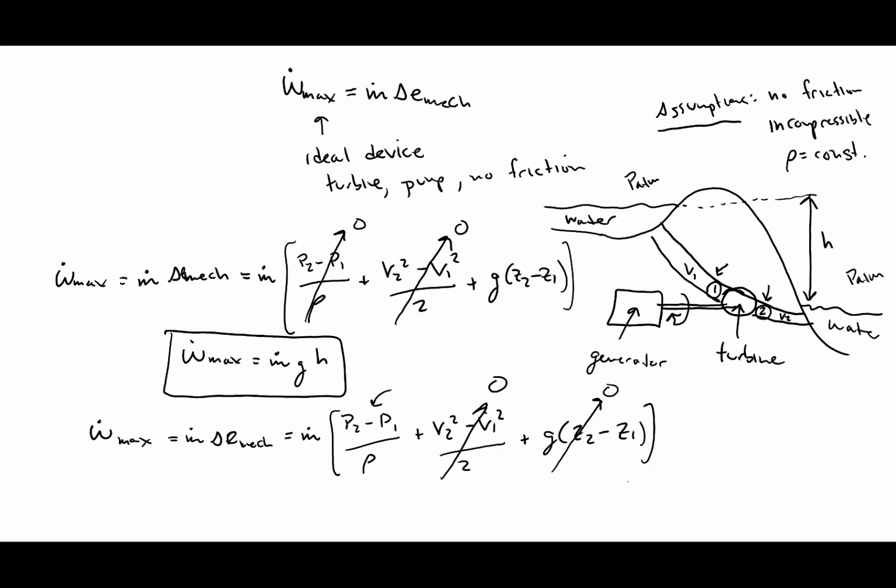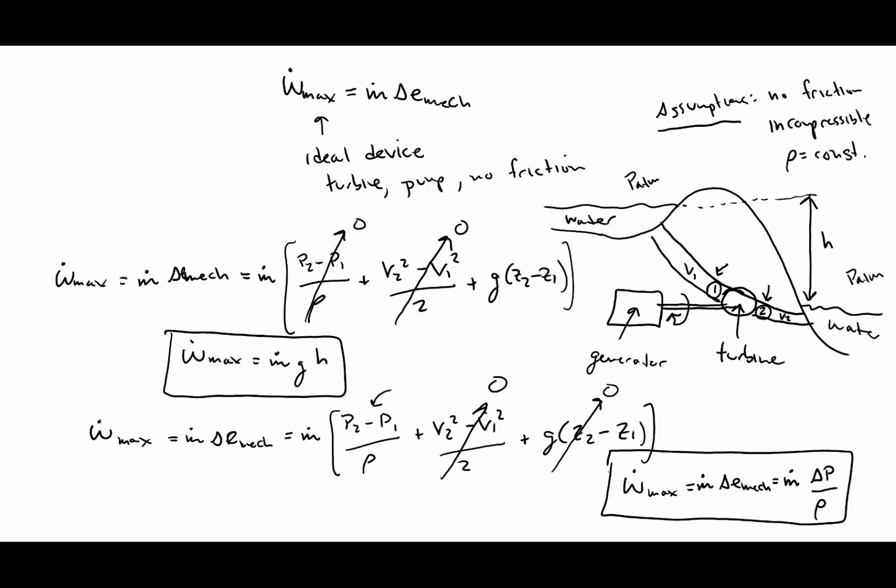So in this case, the maximum work is equal to the mass flow rate multiplied by delta E mech, which is equal to the mass flow rate multiplied by the change in pressure over rho.